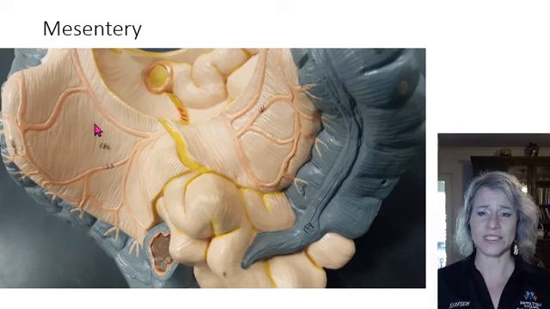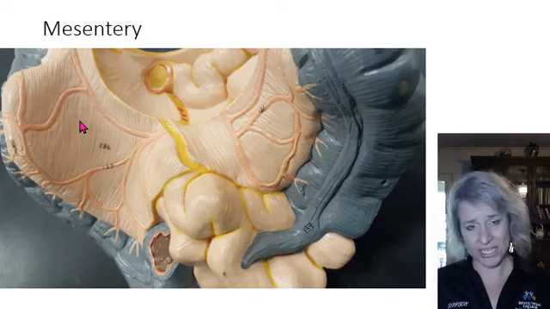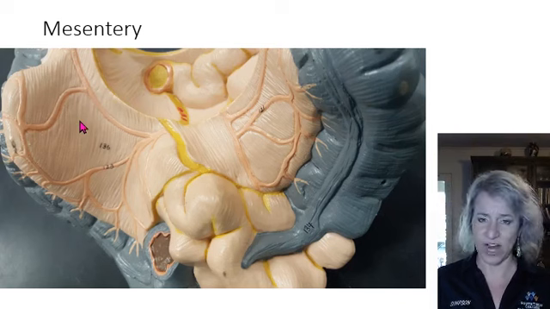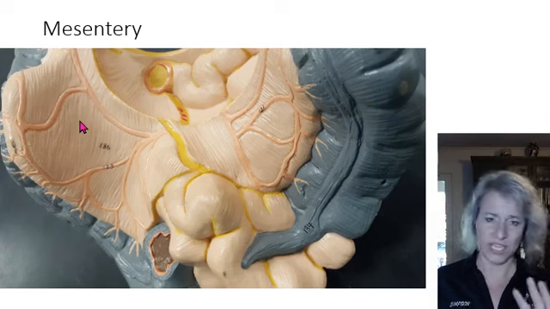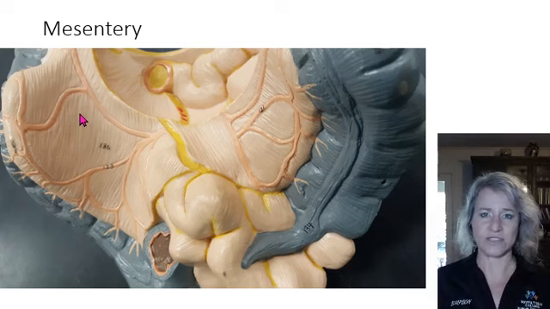And this is the mesentery right here. Now the purpose of the mesentery differs. It has a different function than the peritoneum. Peritoneum provides a friction-free environment, so guts can be moving food down your digestive tract.